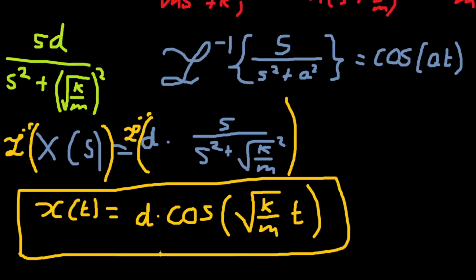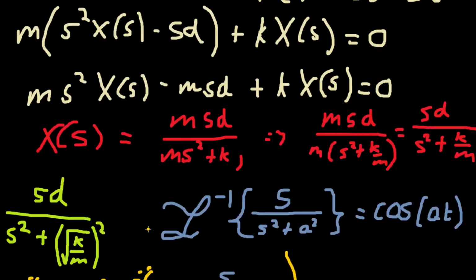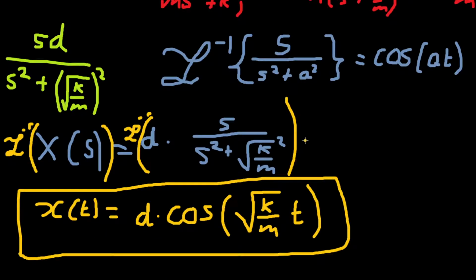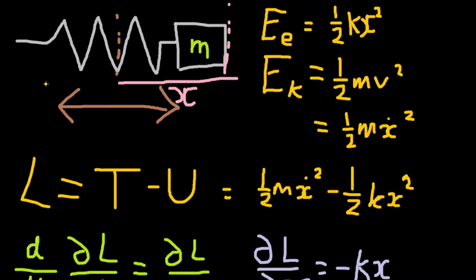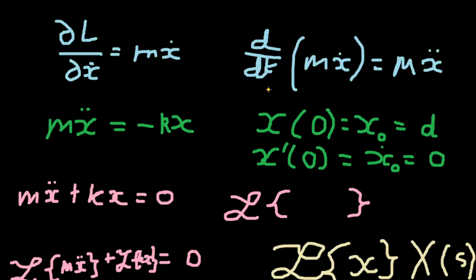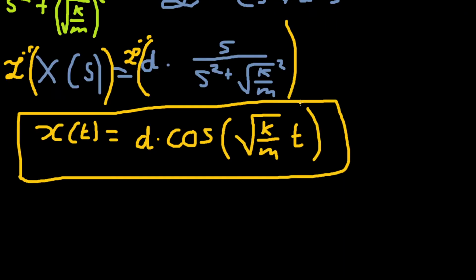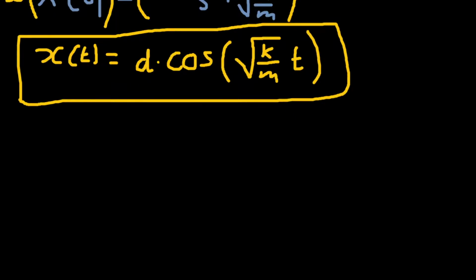And here x measures displacement, not distance, because this can take on negative values. So this point here is negative x. And this is an explicit function for the position of the spring.